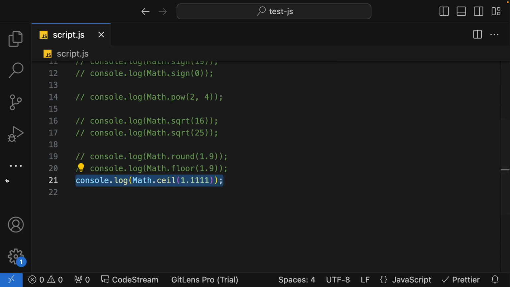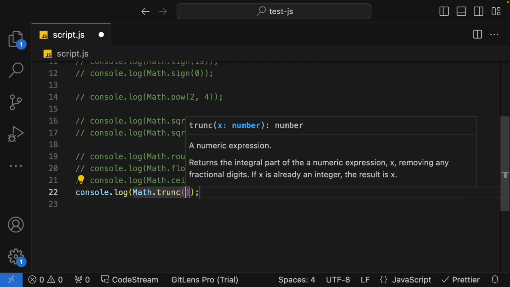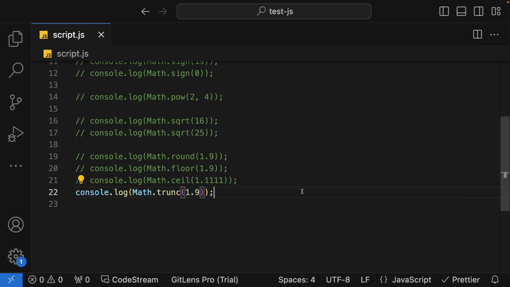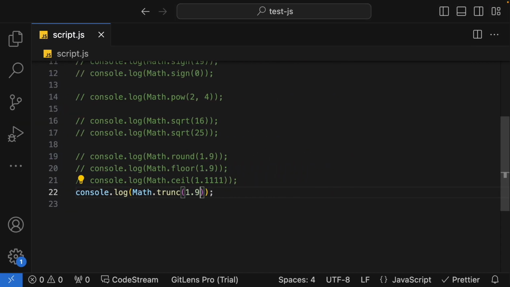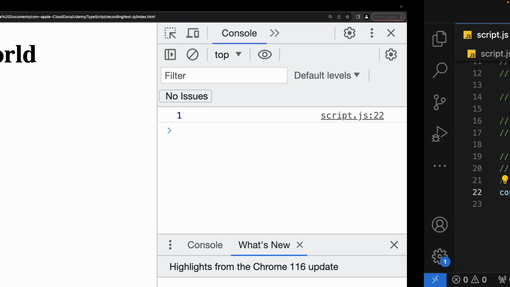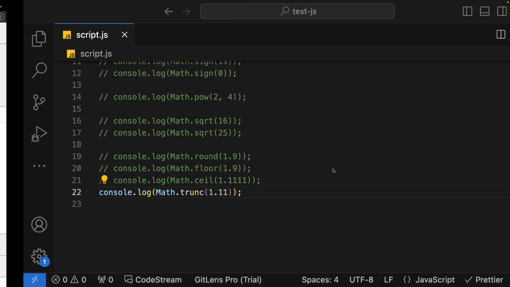There is also one special method available for that, and that is trunc. With trunc, if it is 1.9, for example, I don't bother about the fractional number. I just bother about my integer value. There is no rounding needed. So we should get an outcome of 1 here. And even if I make it 1.11, it doesn't matter. It will directly give an integer number out of it.